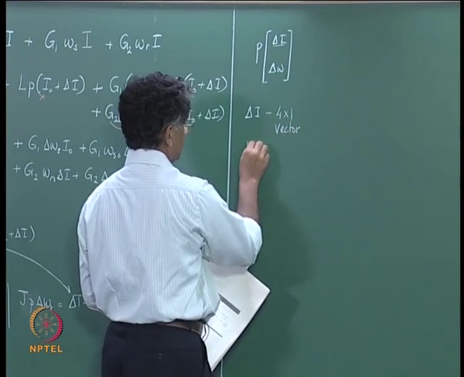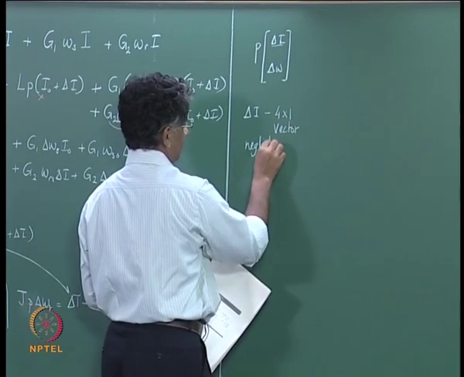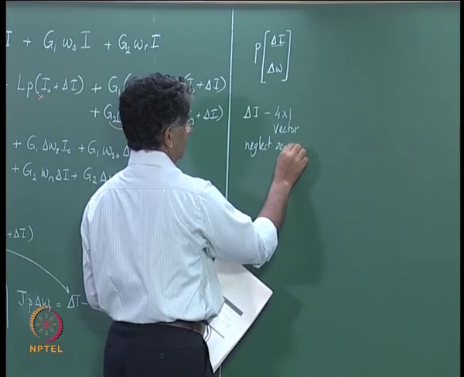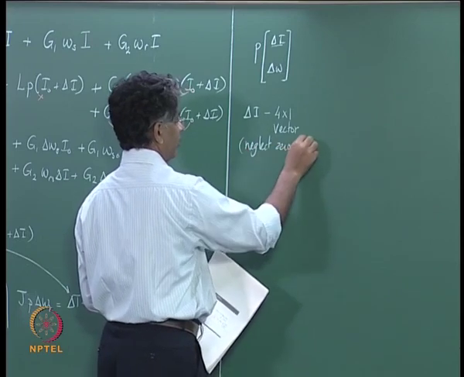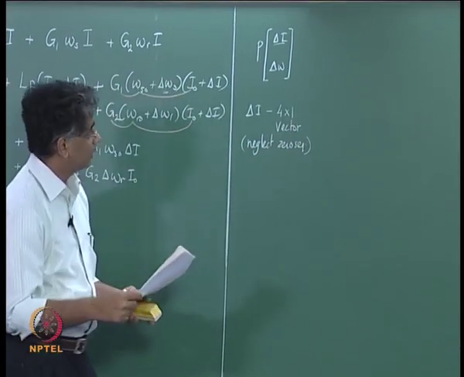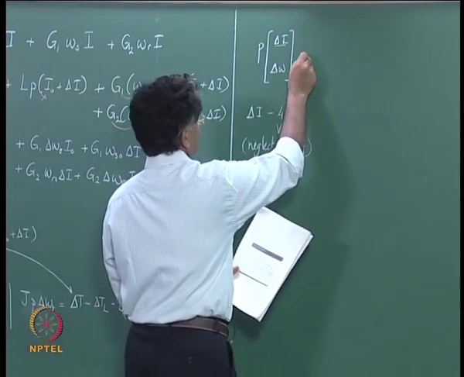If you neglect the 0 sequence, otherwise it would be a 6 into 1 vector.